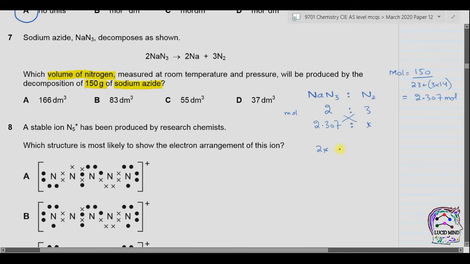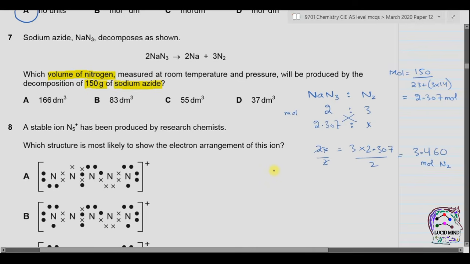So it is 2X is equal to 3 into 2.307, divided by 2. So X is equal to 3.460. Now this is the number of moles of nitrogen produced from 150 grams of sodium azide.